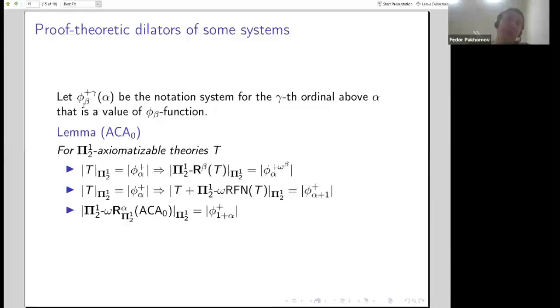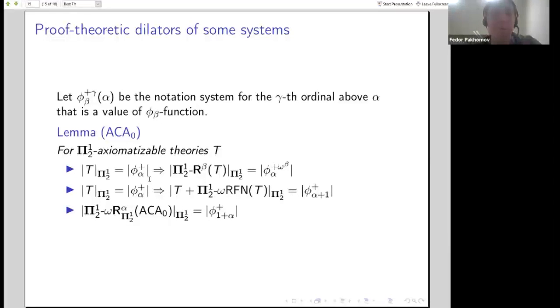So basically we are going from alpha, but not just to the nearest value of phi beta, but to this gamma-th value of phi beta.